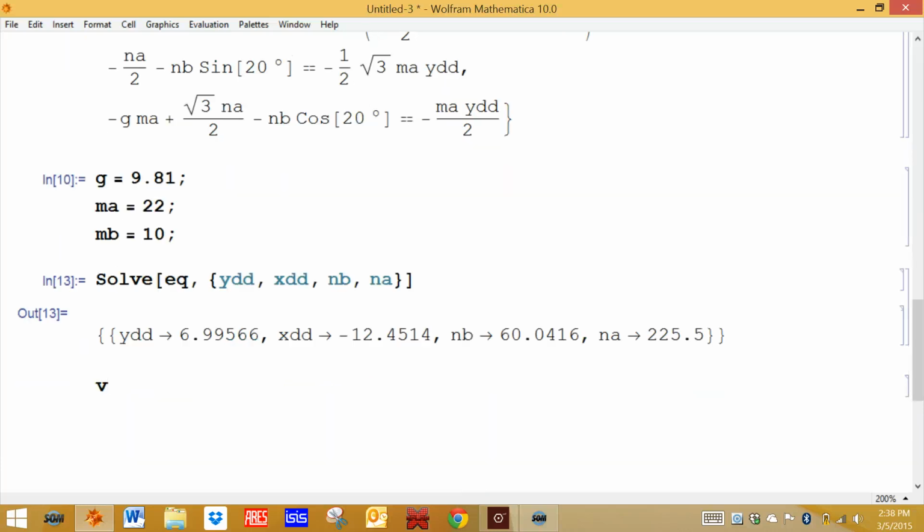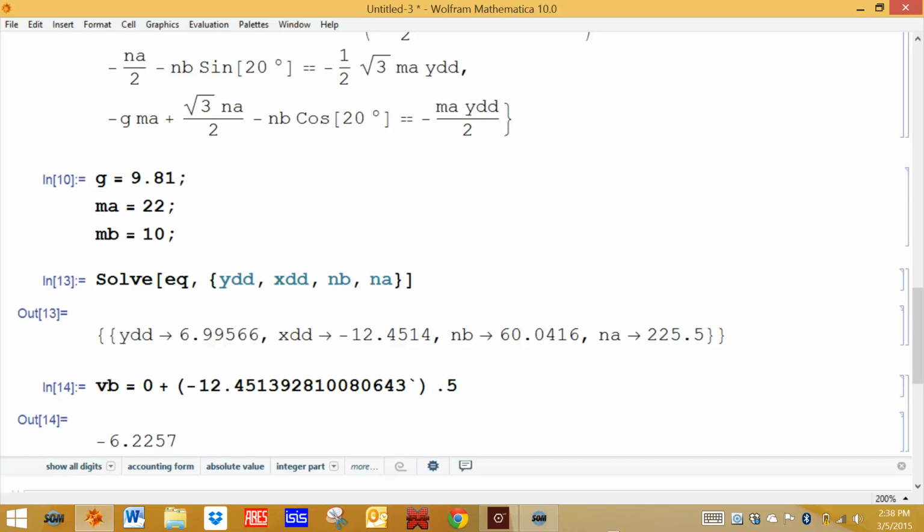The V of B is the initial VB, which is 0, plus the acceleration of B, the relative acceleration, times the time, 0.5 seconds.